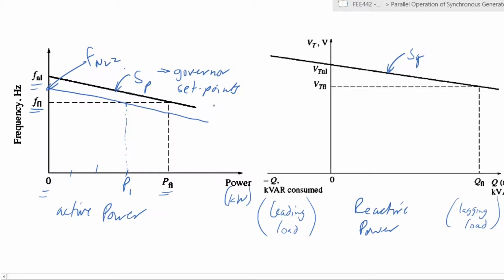Okay. Normally, when it is running, you would not touch the governor set points. These are predetermined. However, if you want to adjust, you can do so. The governor set points that you put will determine how things behave if the load changes momentarily. Very small load changes will change along this line, so the frequency will alter along this line.